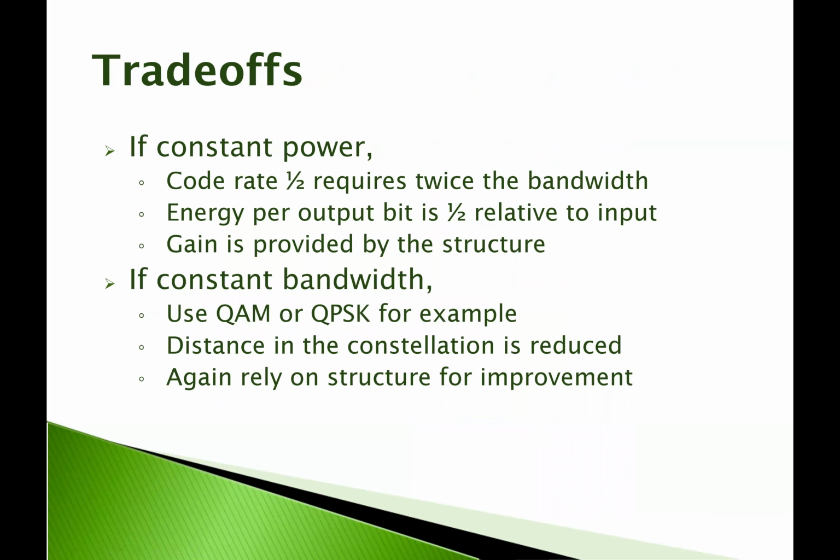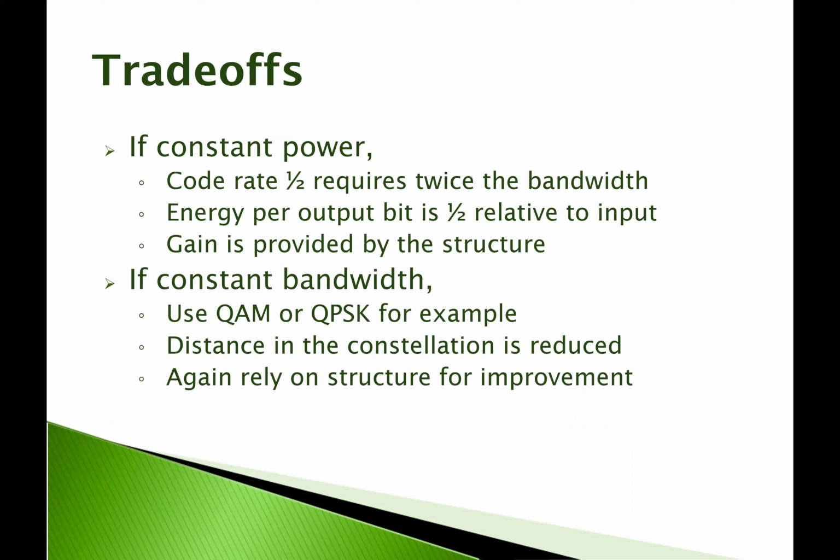Okay, so now let's just step back and think about some of the trade-offs here. If we have constant power, and thinking about this in the context of Shannon's capacity theorem, right?